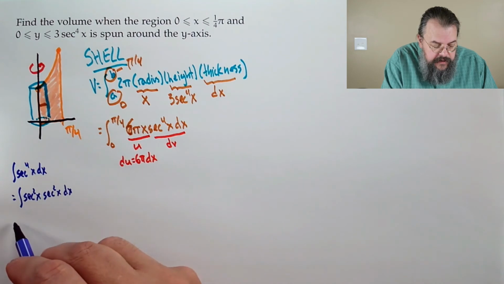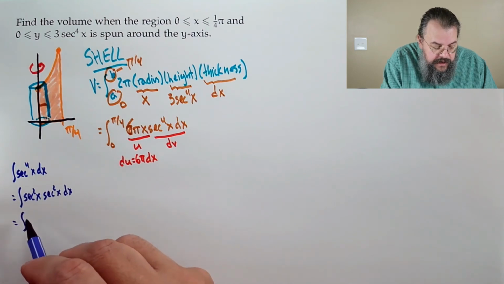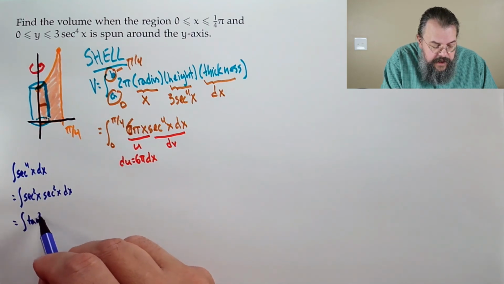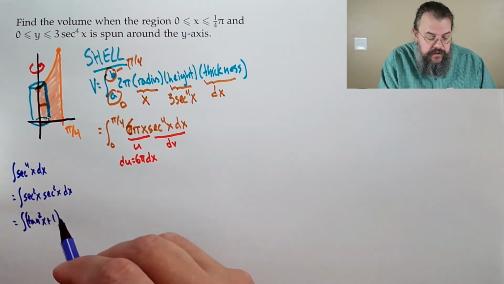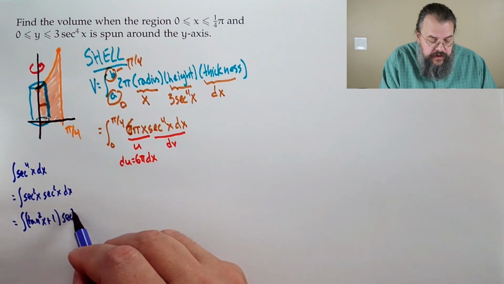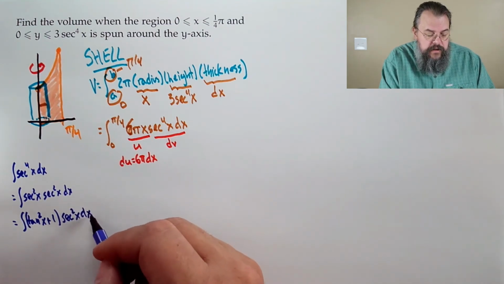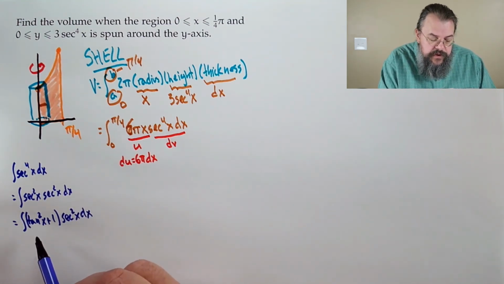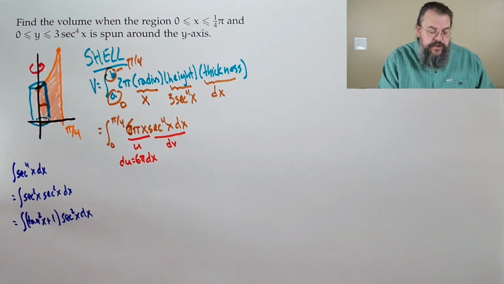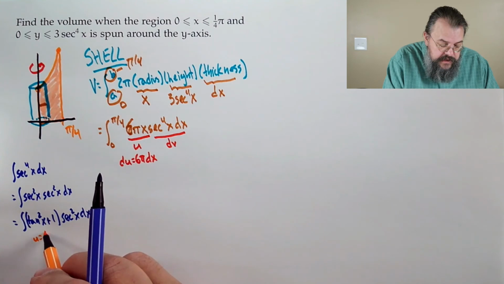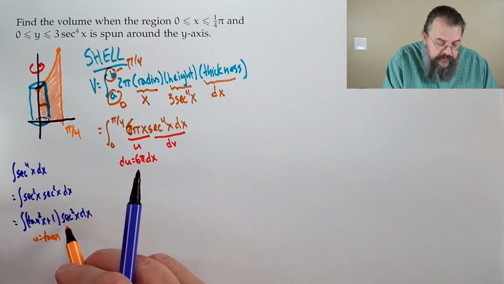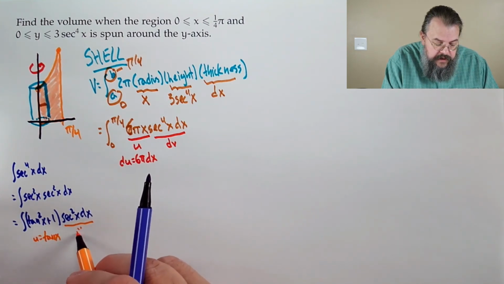And secant squared is the same as tangent squared plus 1. That's our nice identity. So we have the integral of tangent squared plus 1 times secant squared x dx. We do the u substitution, u equals tangent x, then secant squared x dx is our du.